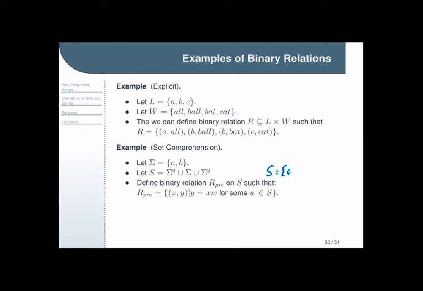So remember, it's the empty string, it's A and B from our sigma, and then it's the concatenation of sigma with itself. So AA, AB, BA, and BB, and that's our whole S, right? So now our x and our y are going to have to come from that, and let's just write the equation over here. Y is equal to x w, right?